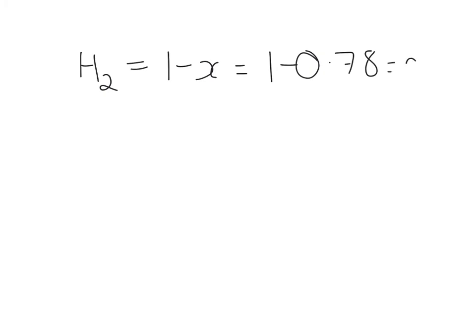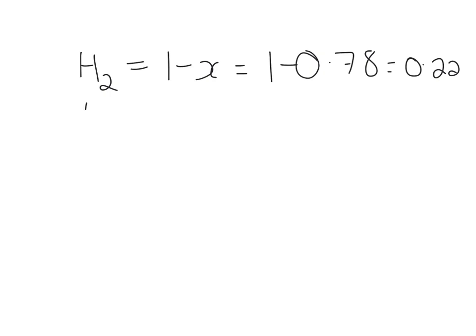Now don't forget, this question isn't over. We now need to go and put x back into our equation. So you remember our concentration of hydrogen at equilibrium was 1 minus x. So we have 1 minus 0.78, which is equal to 0.22.